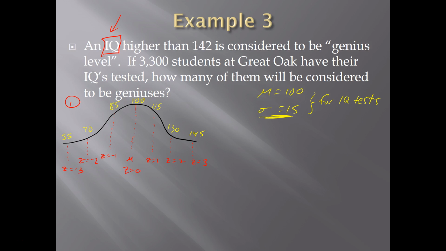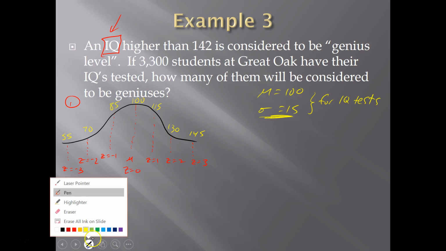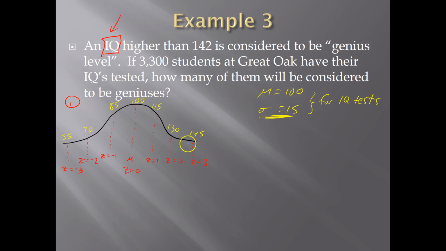All right, so now it says an IQ higher than 142 is considered to be genius. So what we're looking for, let's look for where 142 is on this. I look here and I appear to see 142 being pretty much right there.